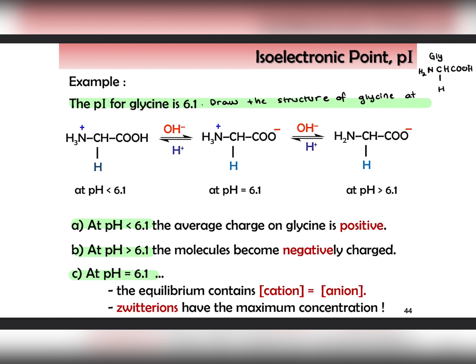At pH more than 6.1, you will form a negatively charged ion. So this is the structure. If at pH equal to 6.1, or the question can ask at PI, the structure will be this zwitterion. So you can give your answer directly. Right, so that's all for the isoelectric point.